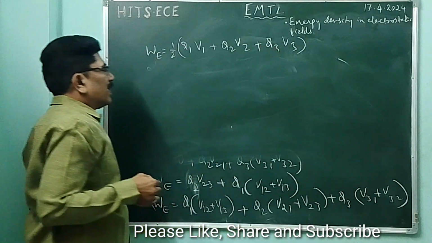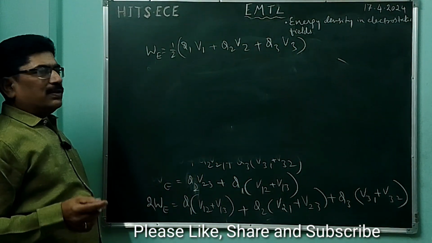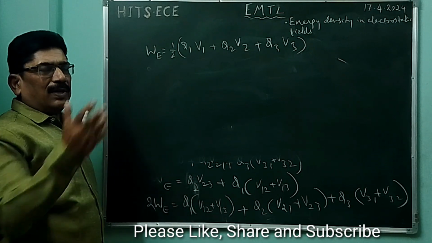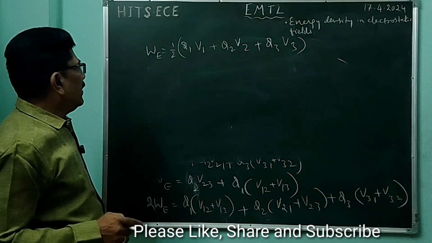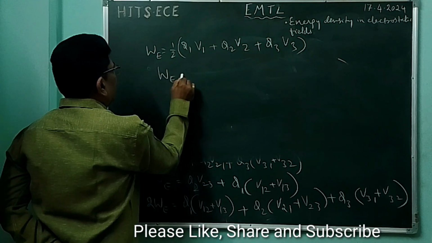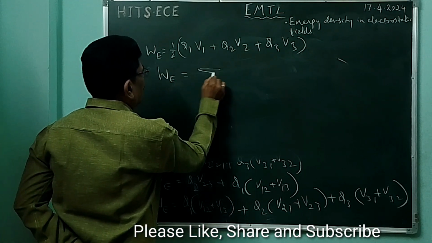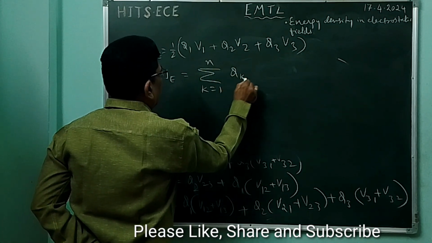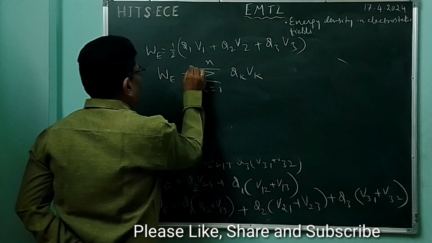This is the total work required to move charges Q1, Q2 and Q3 from infinity to the empty space. This can be written as WE equal to one half times the sum over K from 1 to N of QK VK.